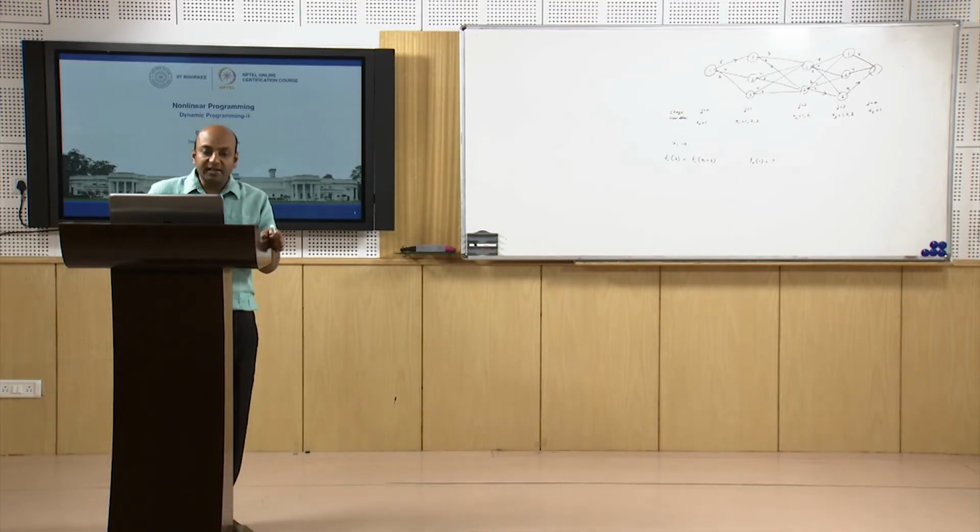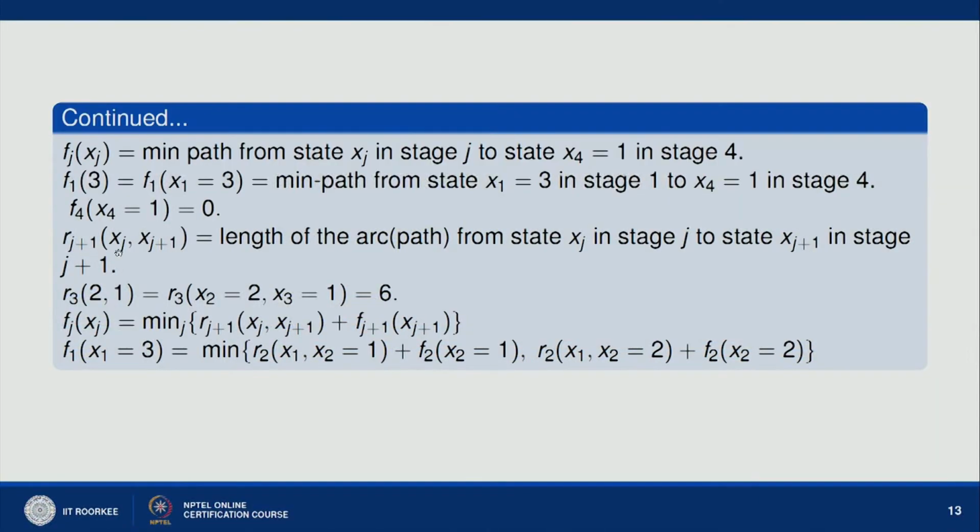Now next we define r j plus 1 x j plus 1. It is the length of the arc from state xj in stage j to state x j plus 1 in stage j plus 1. Suppose we want to find r321.